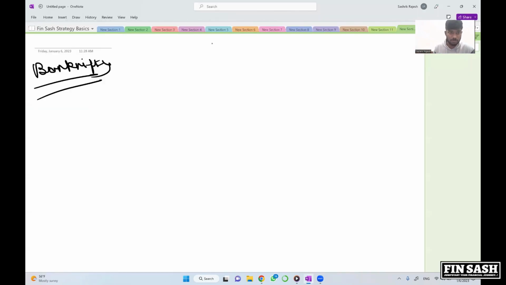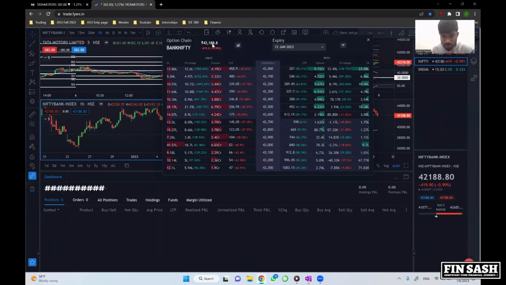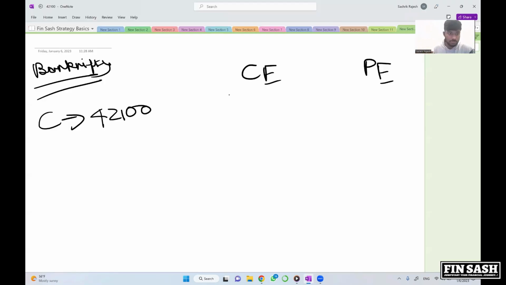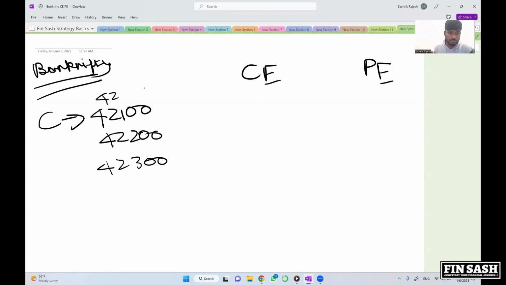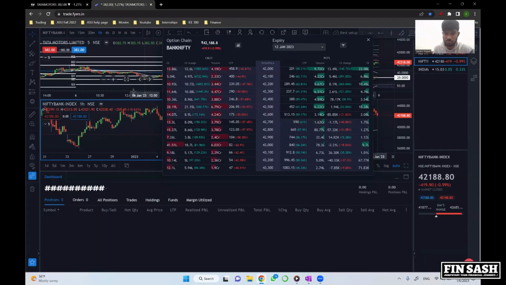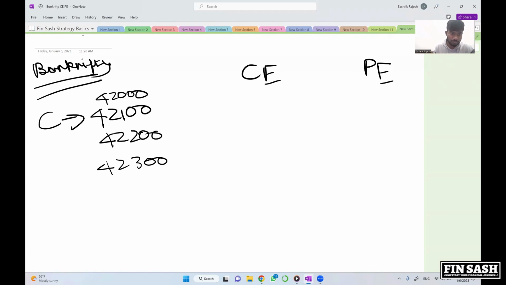Okay, so 42,100 is the current price. So what we're going to do is a call option, a put option, and different strike prices. So 42,200, 42,300, 42,000, maybe 41,900.